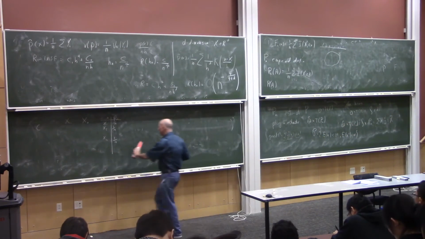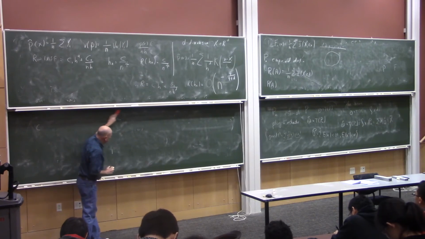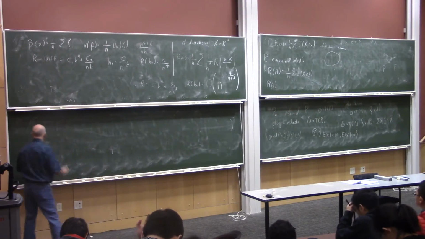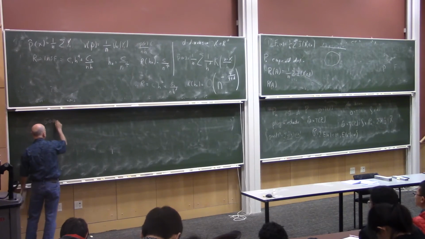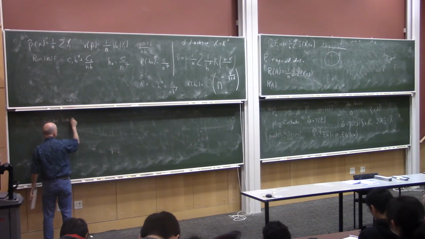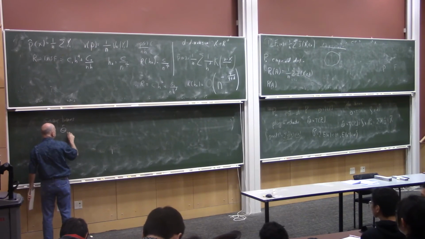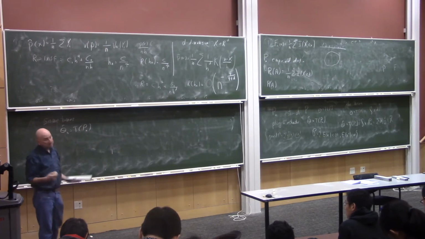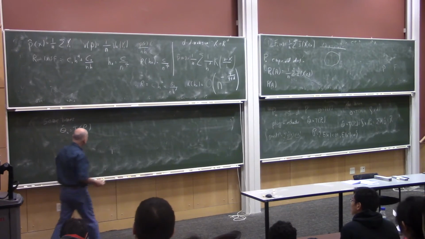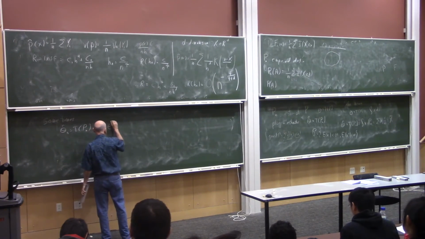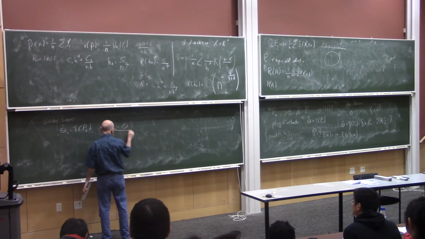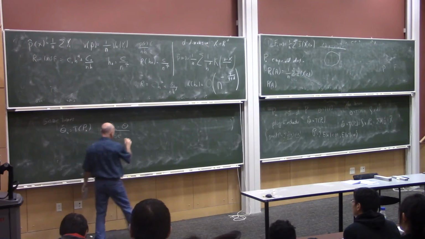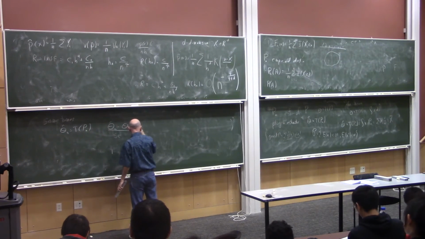In fact, in this whole plug-in world, sometimes, though not always, the following is true: if we define theta hat to be the plug-in estimate, then theta hat minus the true value over the standard error, the standard deviation of the estimator, satisfies a central limit theorem.